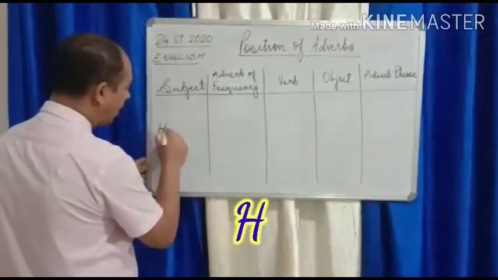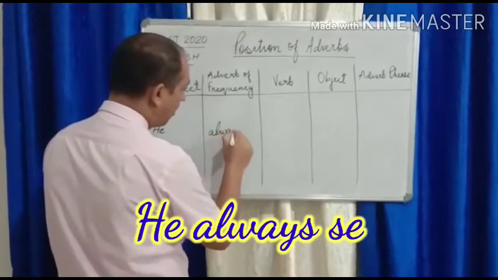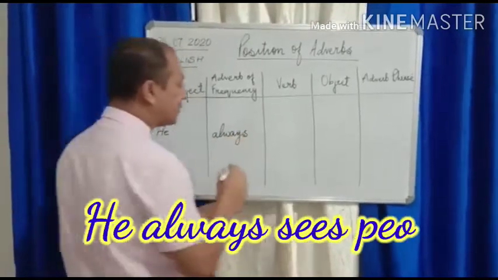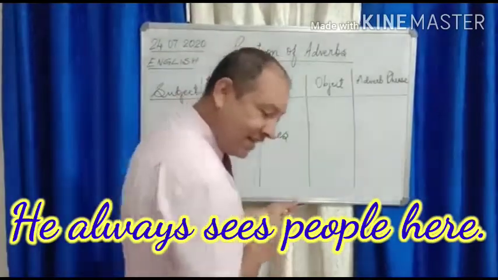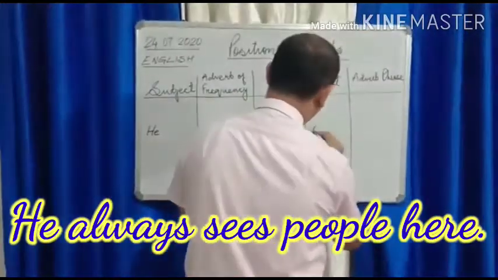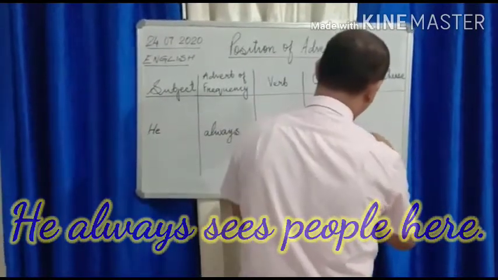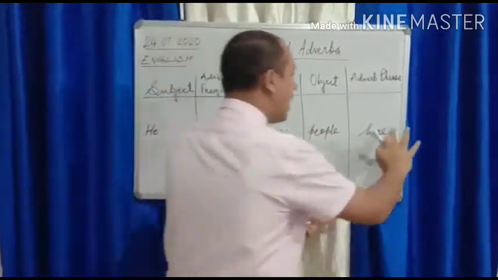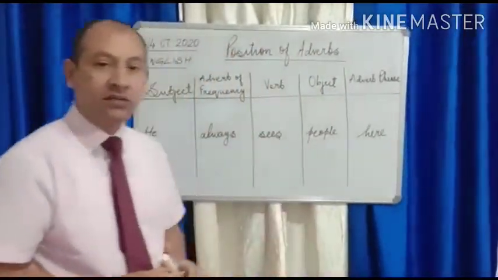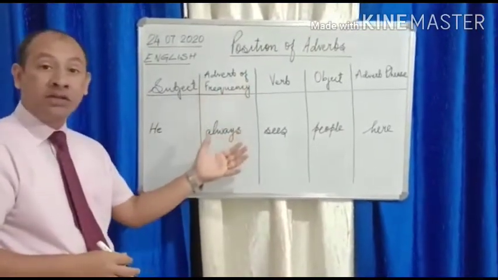he always sees people here. Now, in this sentence you will see, always is an adverb of frequency.